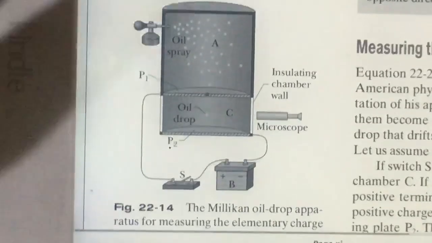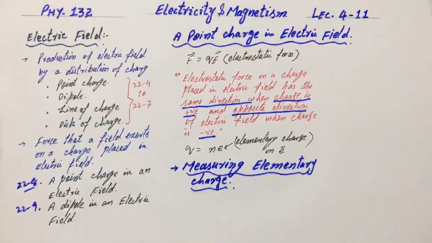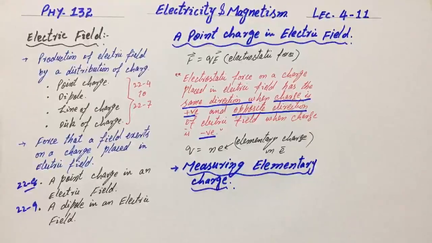In this article, the apparatus of this Millikan oil droplet method was shown, and in that situation he estimated or calculated the charge of an electron. Now I will write down the main points of the experiment, what Millikan actually did.